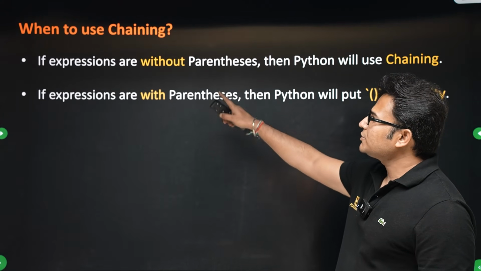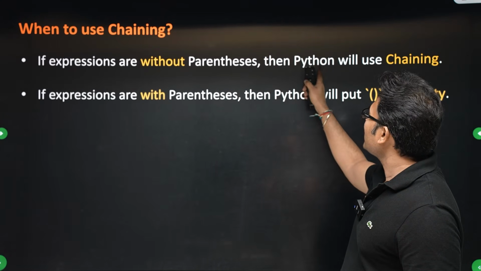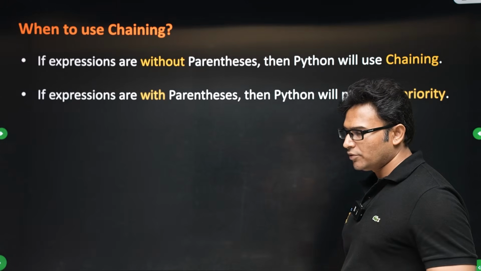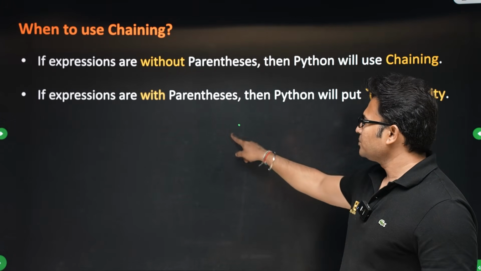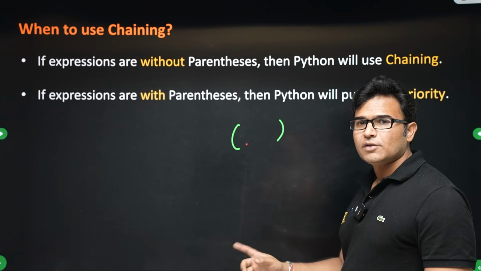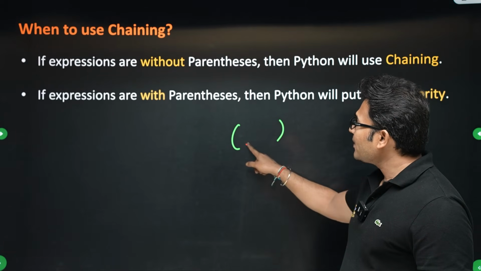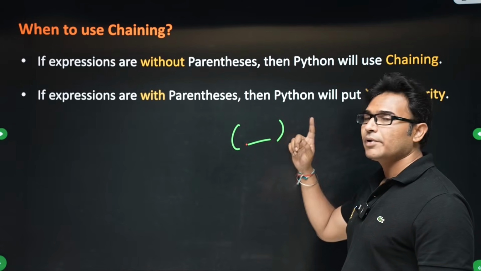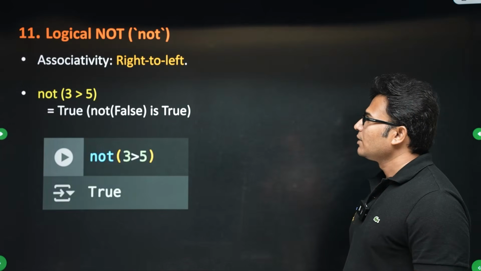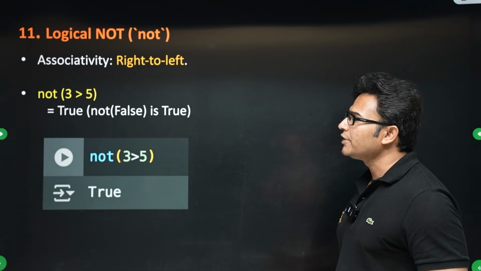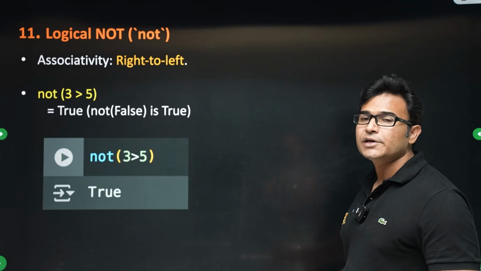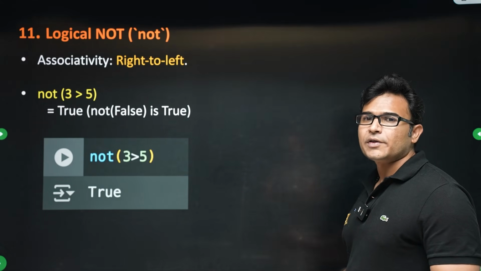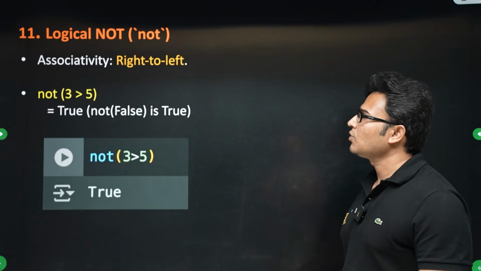If the expression is without parenthesis, Python will use chaining. But if you write parenthesis, then Python will give parenthesis priority, okay? That is something important, very different from other programming languages, that you have to know if you are planning for an interview or career in Python, okay?